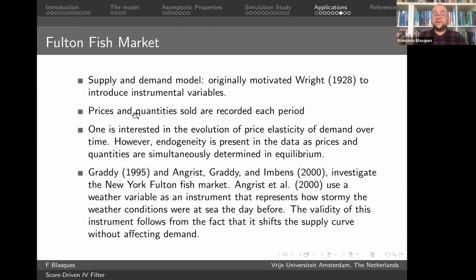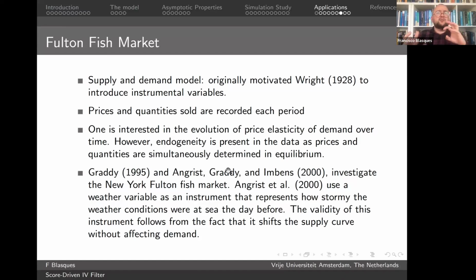And so we have a market where prices and quantities sold are recorded in each period. One is interested, suppose, in the slope of the demand equation, so the evolution of price elasticity of demand, and how it can change over time.